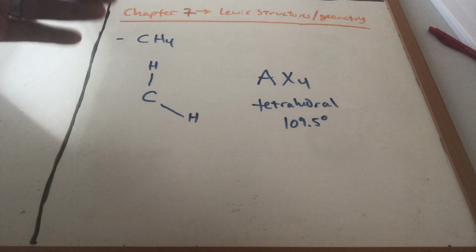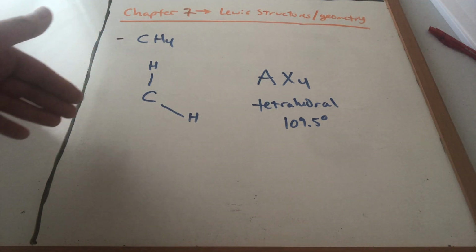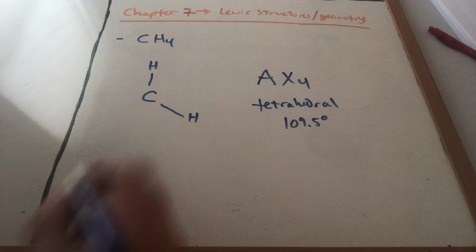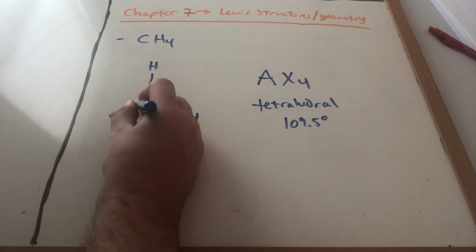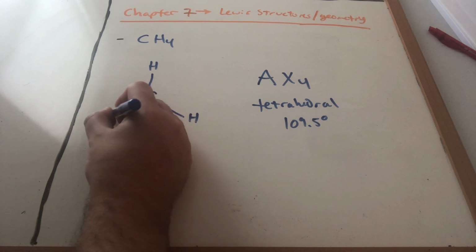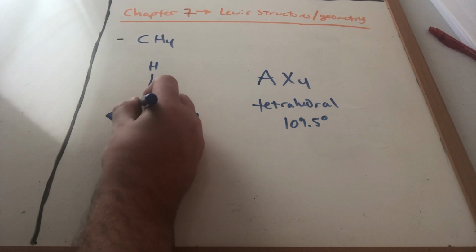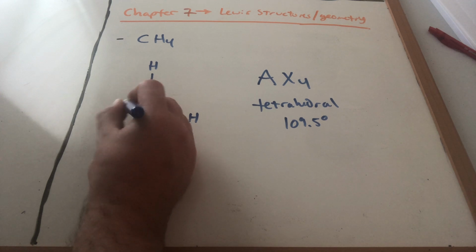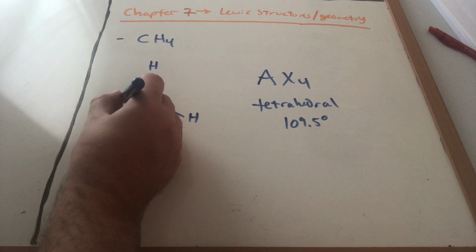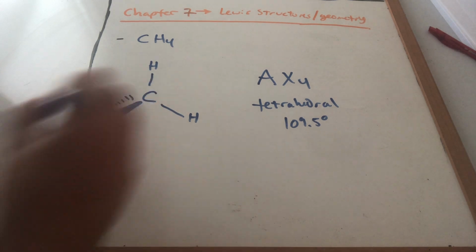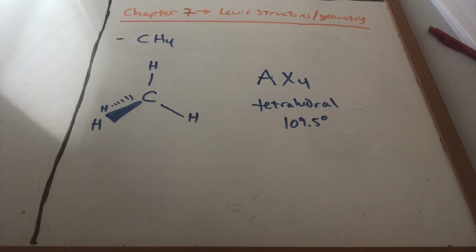The H's that are left, one's going to be coming out and one's going to be going away. The way I like to draw that on my paper is the one that's coming out, I draw like a thick, bolded, almost inverted triangle, where I make it thick here and then skinnier there. I put my H, and then right behind that I put some dashes and tuck behind this H. So now you can kind of see the structure.